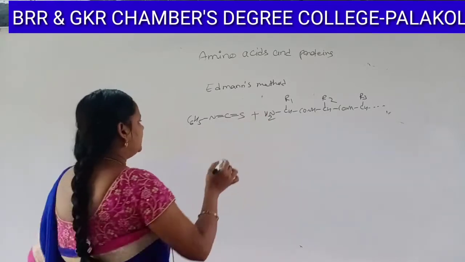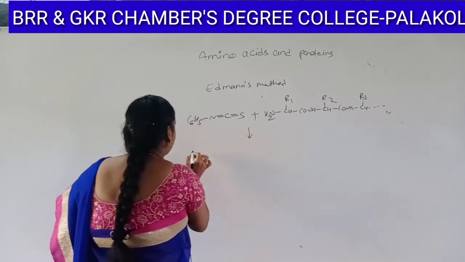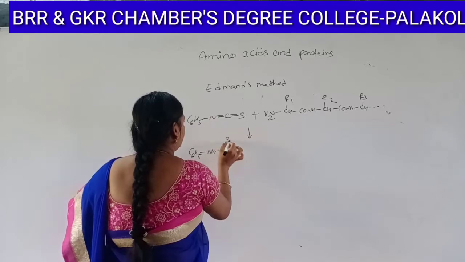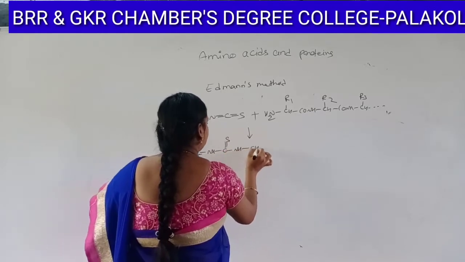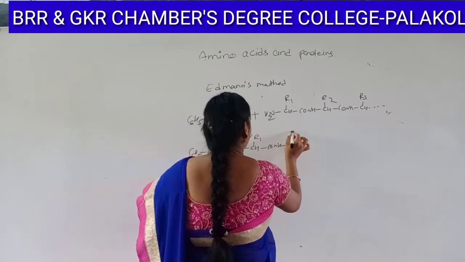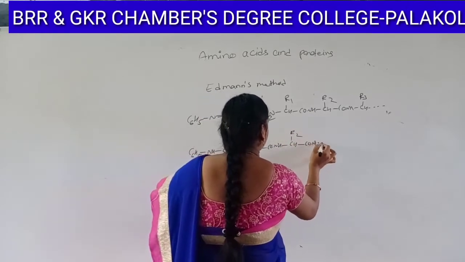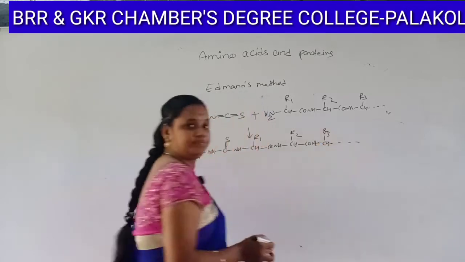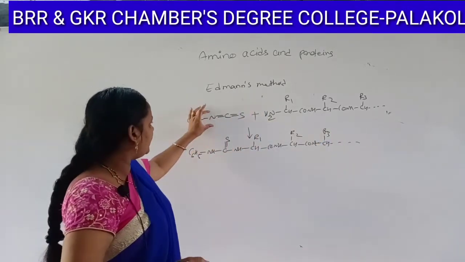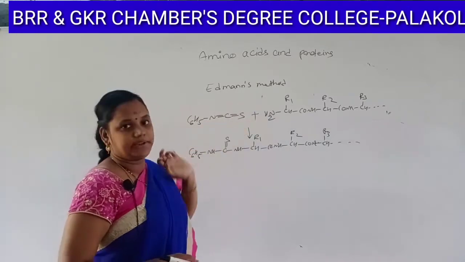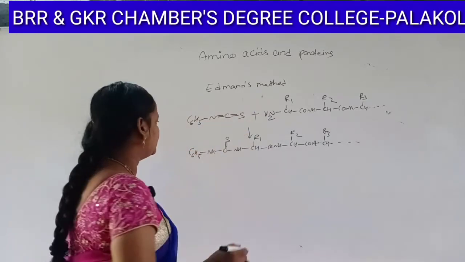Okay students, in the first step, what happens? C6H5 NH C=S NH CH R1 CONH CH R2 CONH CH R3 and so on. Here, hydrogen is added and the carbon is connected to nitrogen in the first step.